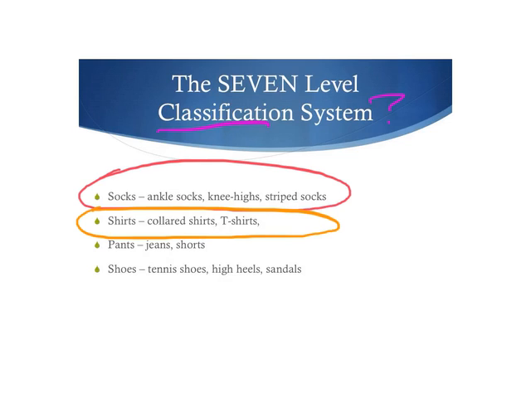Within socks, you have ankle socks, and you might have knee highs, you might have striped socks. You have three different types of socks. The same thing within shirts. You keep your collared shirts separate from your t-shirts. You don't mix them all together.